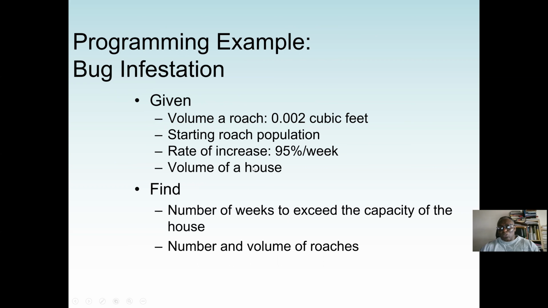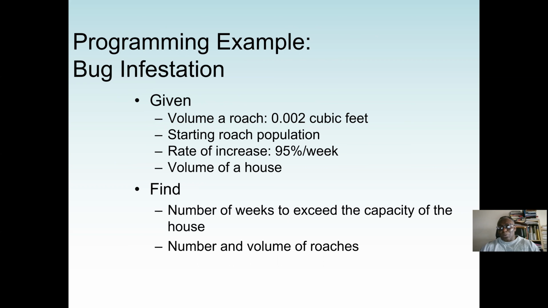So our goal is that we want to know how long it will take for us to occupy the whole room with roaches. Since the rate of growth is the same constant 95% per week, and also the roach volume for each is the same 0.002, we can use a loop.